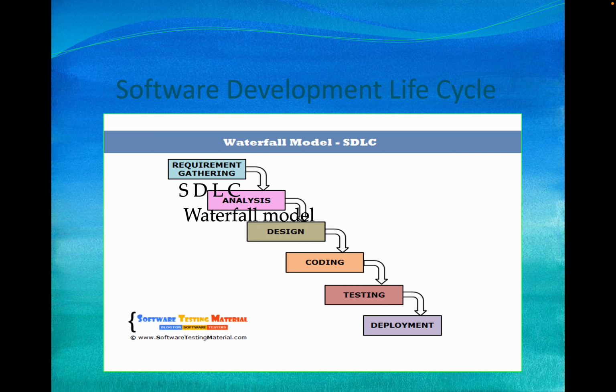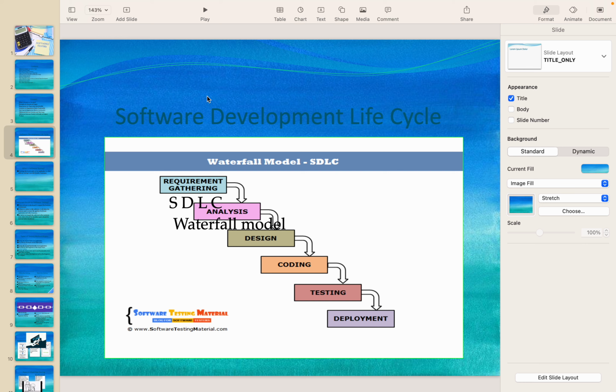We enter into the coding phase. Then comes the testing phase. We go for adapting test cases and test scenarios. After completion of successful testing of the software, we go for deployment, and further we move on to the maintenance phase.